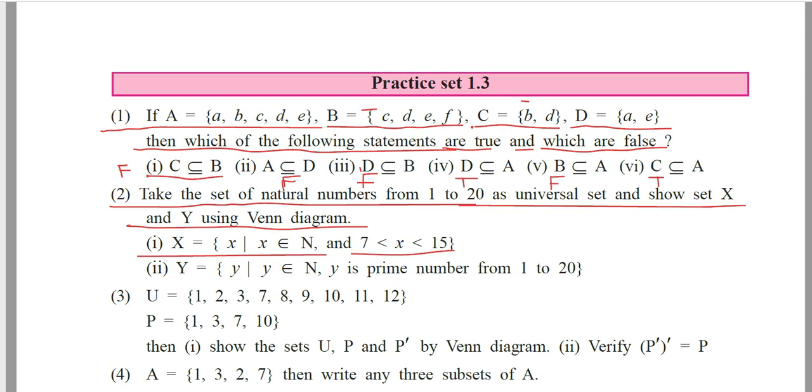Now next, Y is equal to y such that y belongs to the set of natural numbers and y is a prime. Now we'll see the answer.